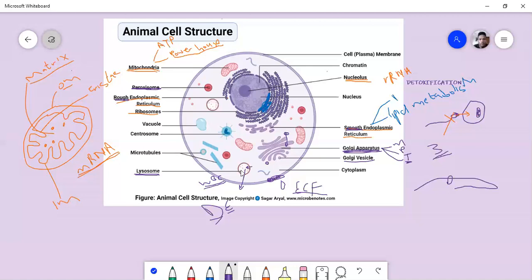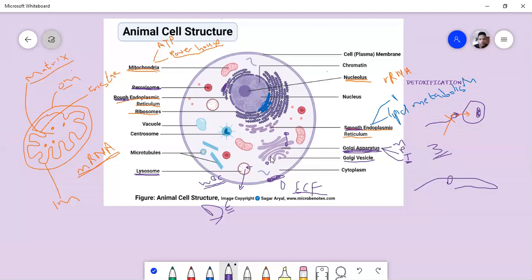But what you have to understand is that your peroxisomes come from the endoplasmic reticulum. So they part from the endoplasmic reticulum, whereas your lysosomes part from your Golgi apparatus. Guys, those are the differences that you have to know. You'll be asked such questions. I'll repeat, your lysosomes part from the Golgi apparatus, whereas your peroxisomes part from your endoplasmic reticulum.